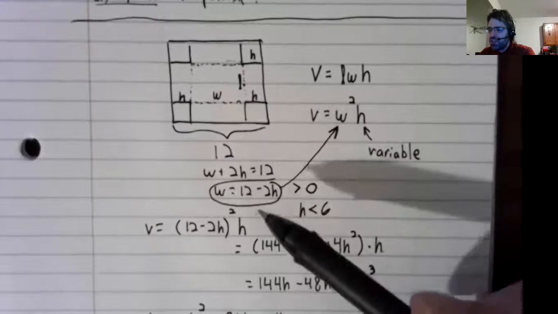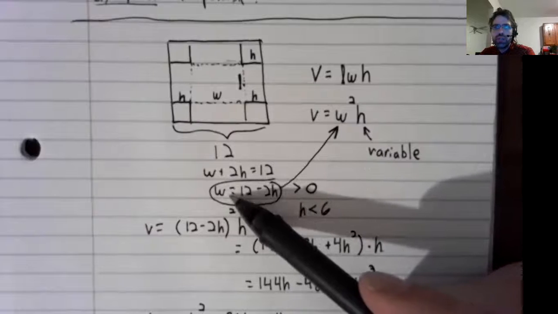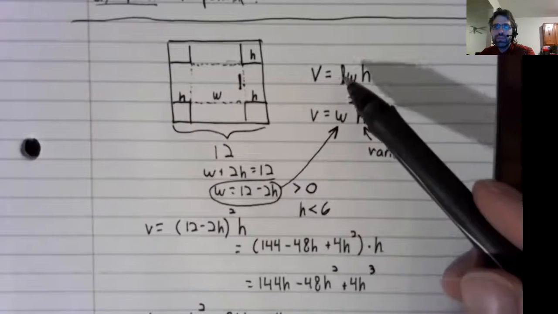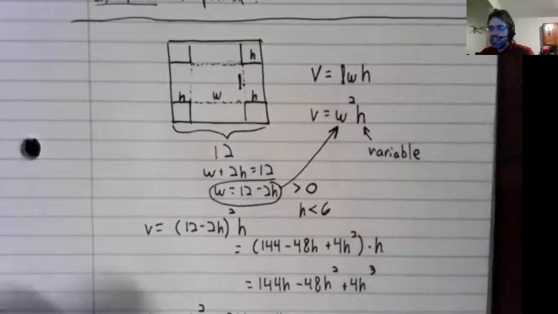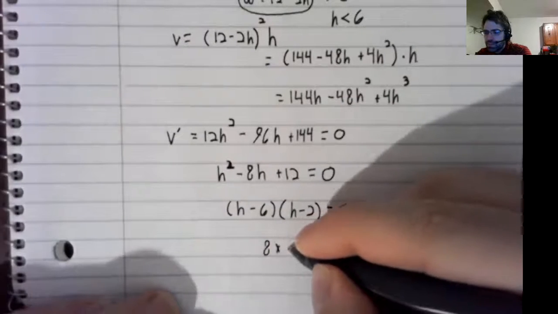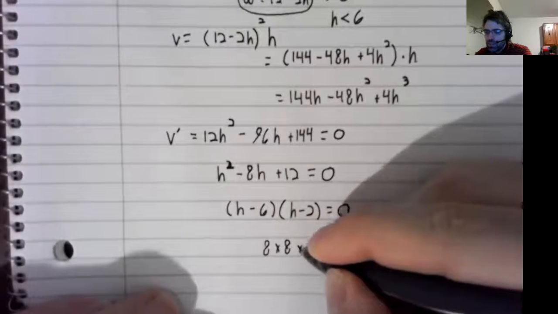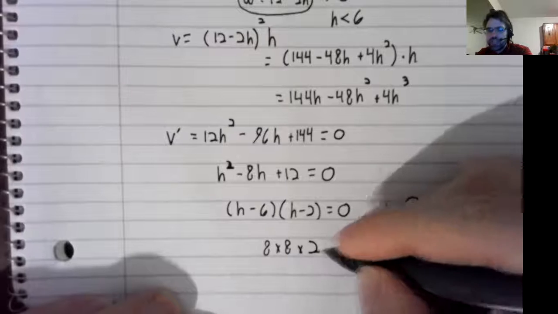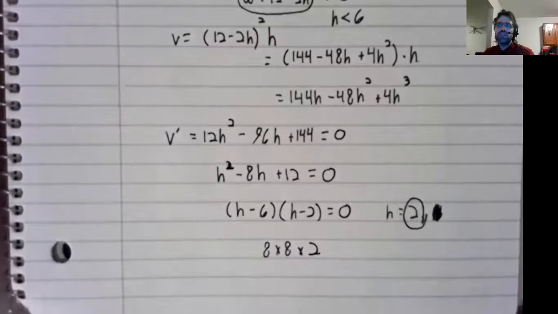If H is 2, W is 8, and L is 8. So we should create an 8 by 8 by 2 inch box in order to maximize volume.